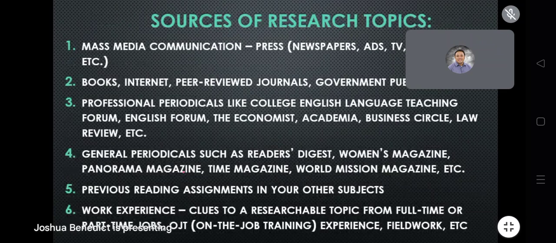Next, sources of research topic, there's mass media communication, such as the press or newspapers, advertisements, TV, radio, films, etc. Sir, paano po naging source ng research topic ang advertisements, TV, radio, and films?